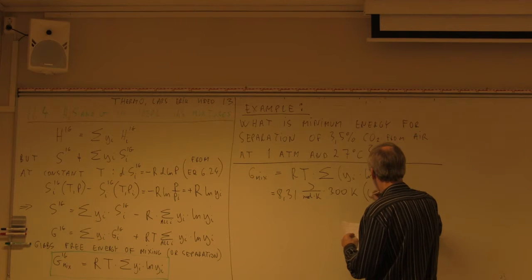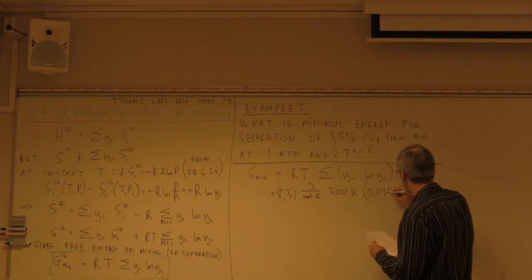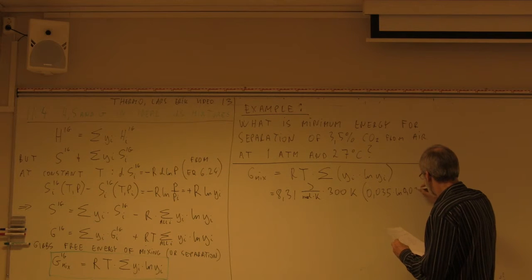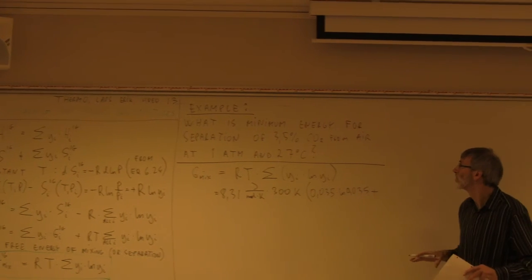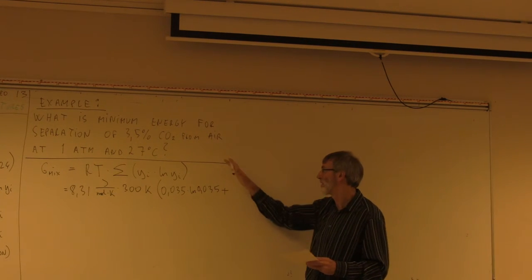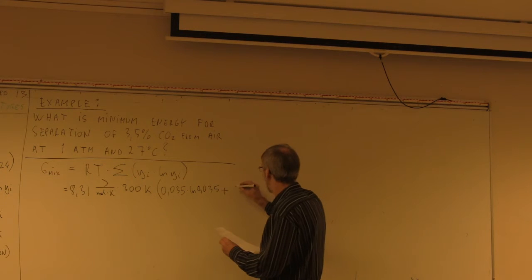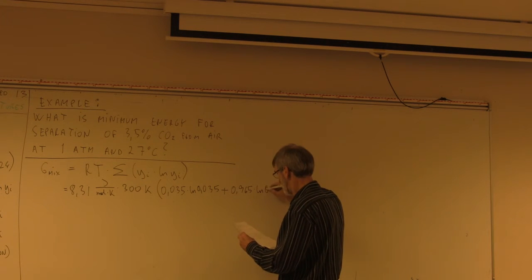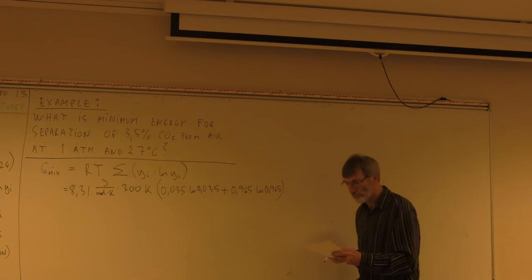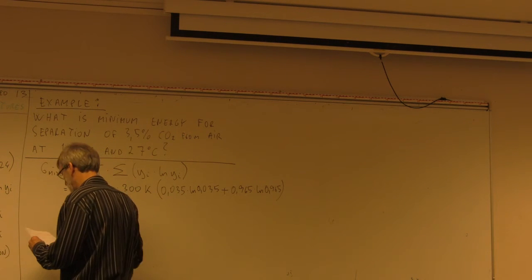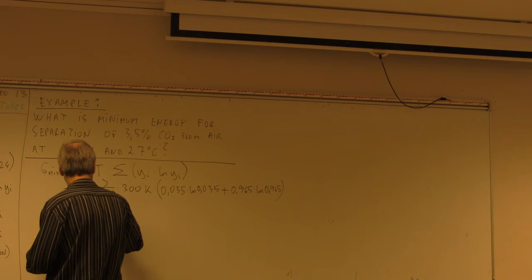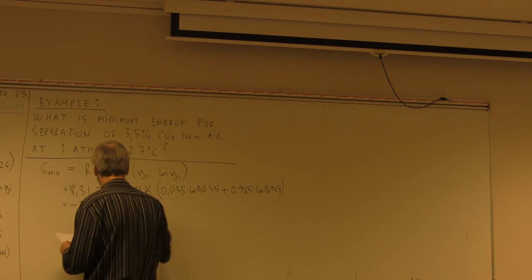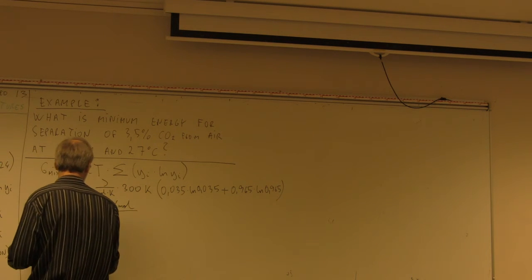And then the mole fraction of CO2 is 0.035, and the mole fraction of the air that is not CO2 is 0.965. And that is 378 joule per mole.